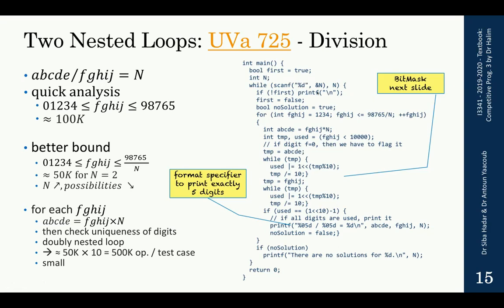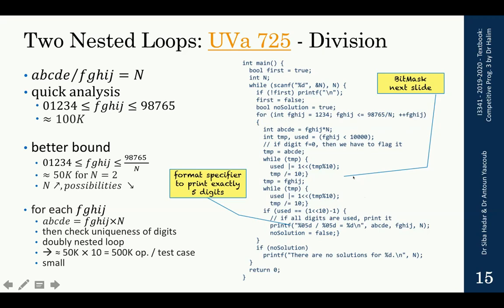So we do shift left, how many times? The digit times, and we make an OR with the used, and the same thing with the second number, the denominator. And then at the end we have inside used a bit mask in which we have ones whenever there is a used digit, and 0 if the digit is not used.